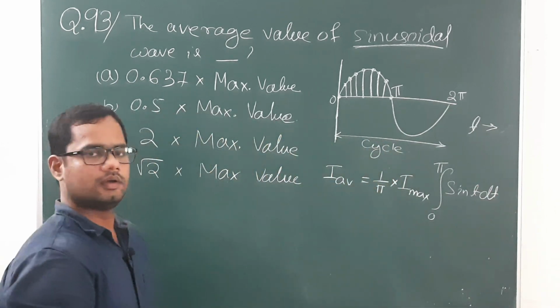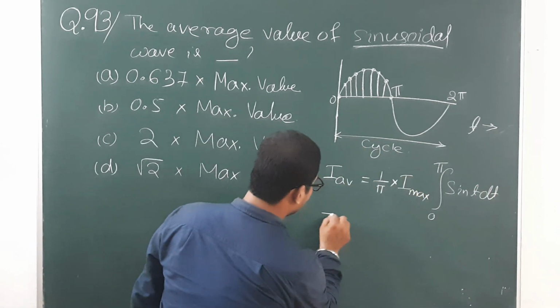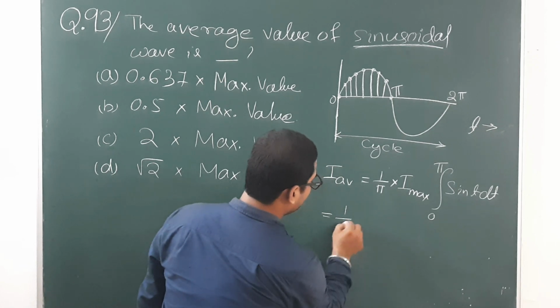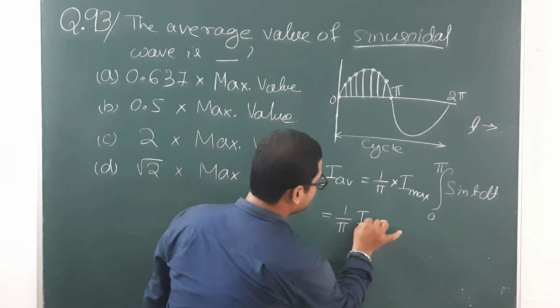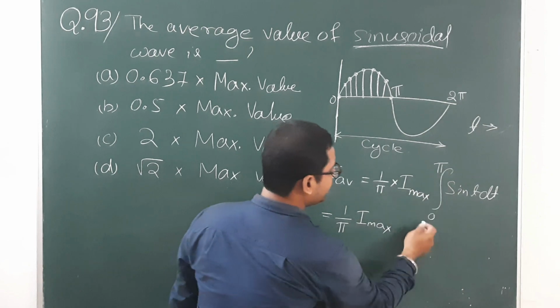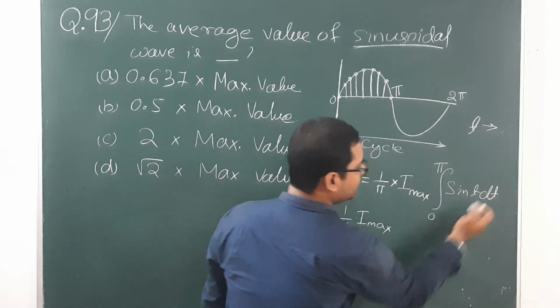If you solve this, it will be 1 by pi I max times the integration of 0 to pi sin t dt.